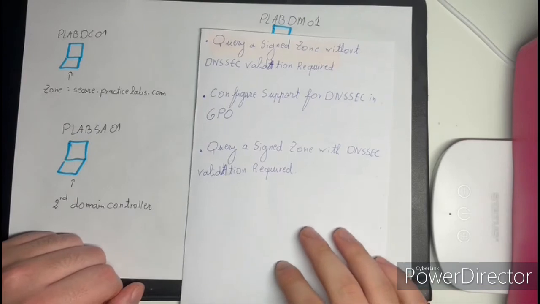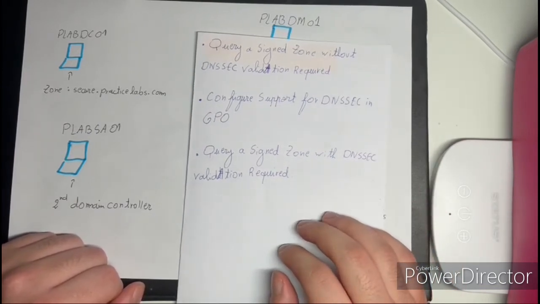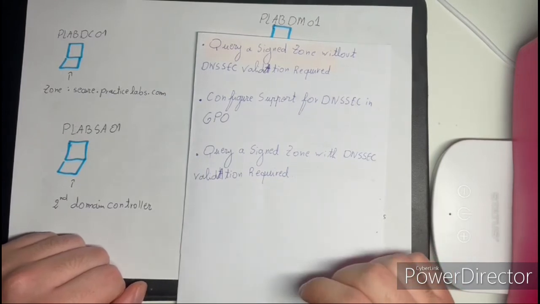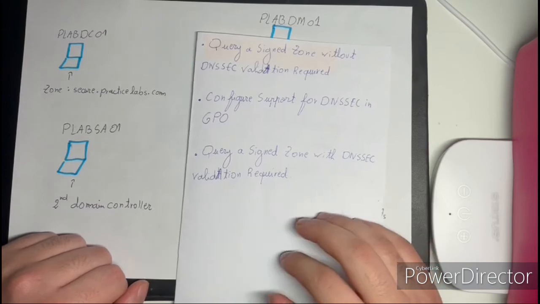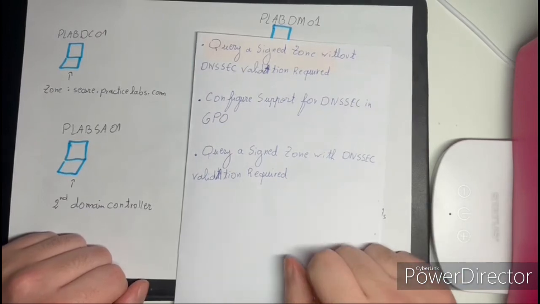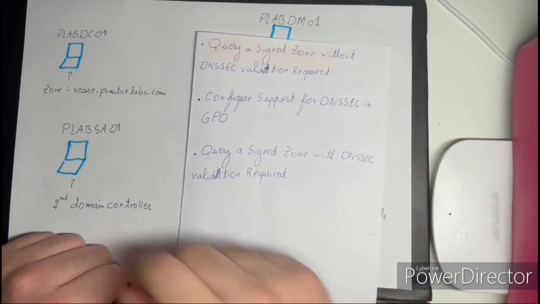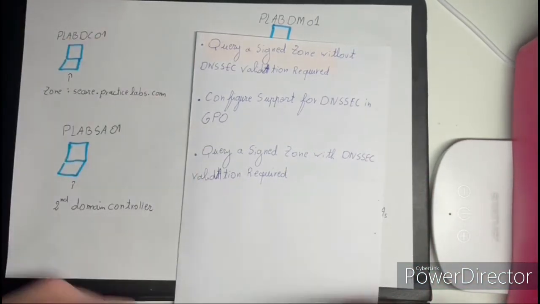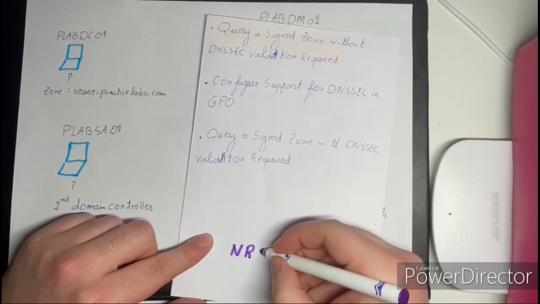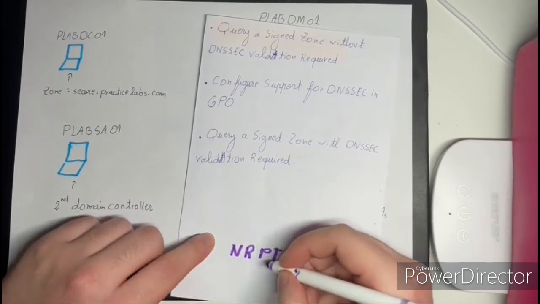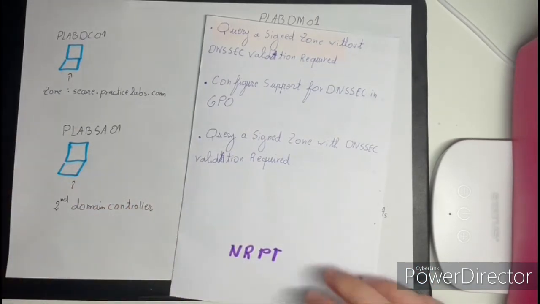I'm not sure whether some of you are aware of the meaning of the NRPT. I'm well acquainted with this acronym, which stands for the Name Resolution Policy Table. Let me write it down here for you. NRPT stands for the Name Resolution Policy Table.